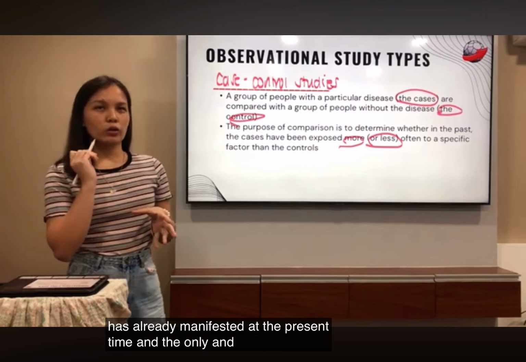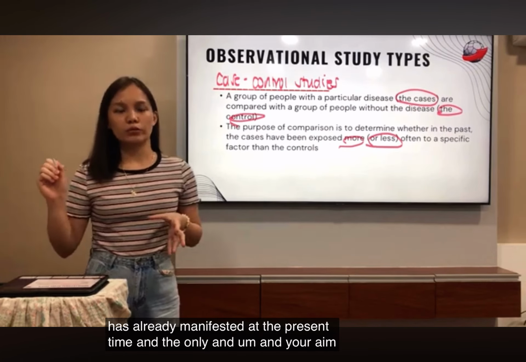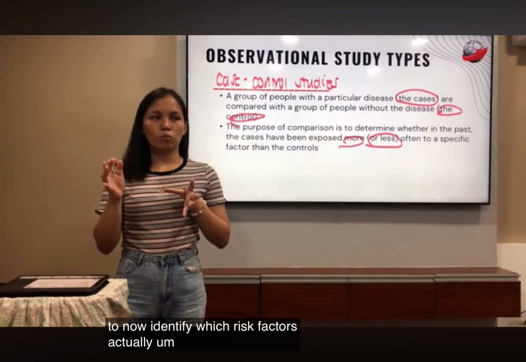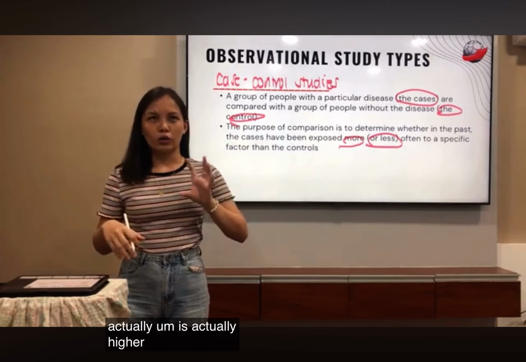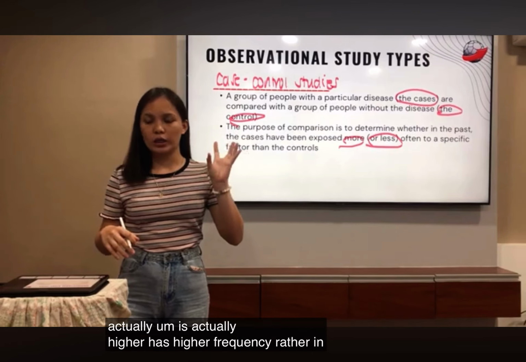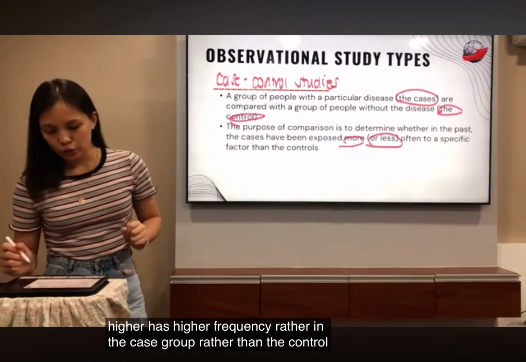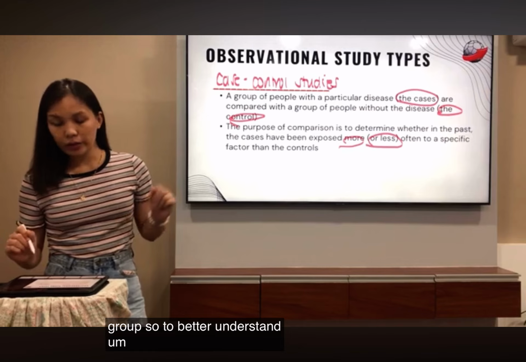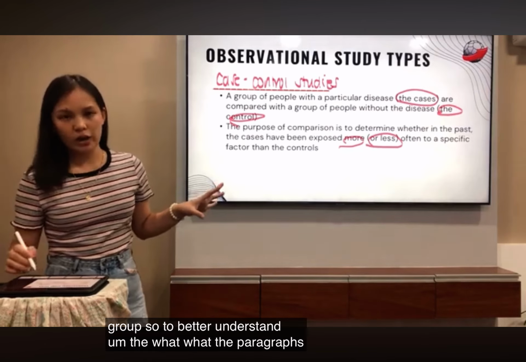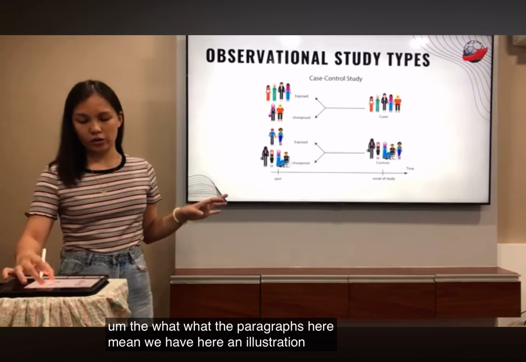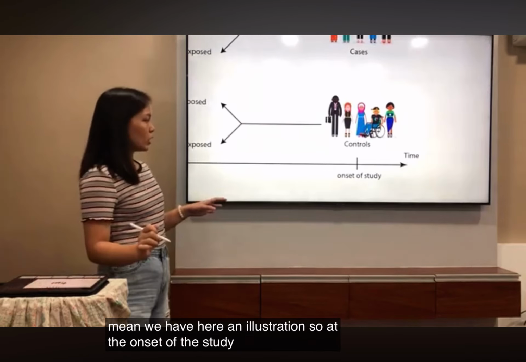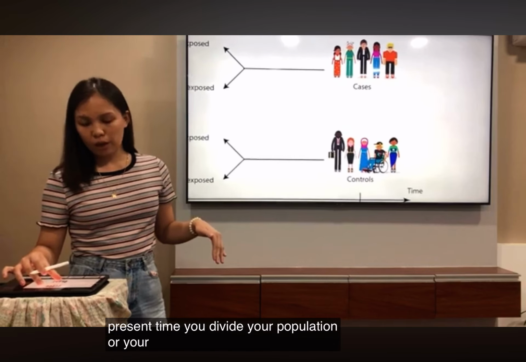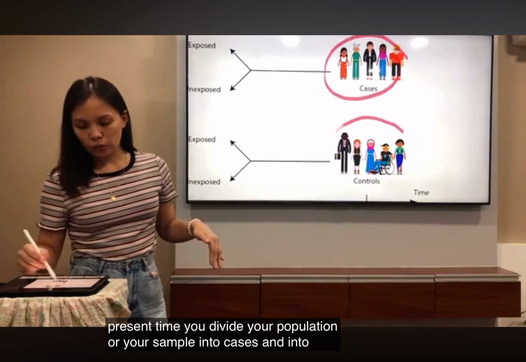And your aim is now to identify which risk factors have a higher frequency in the case group rather than the control group. So to better understand what this means, we have here an illustration. At the onset of the study, which is the present time, you divide your population or your sample into cases and into controls.